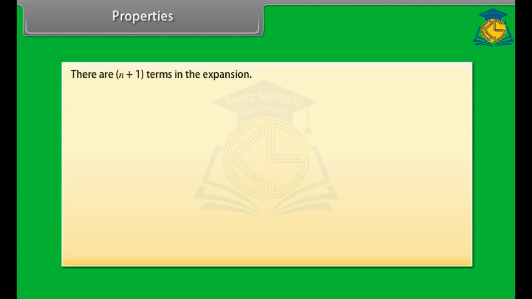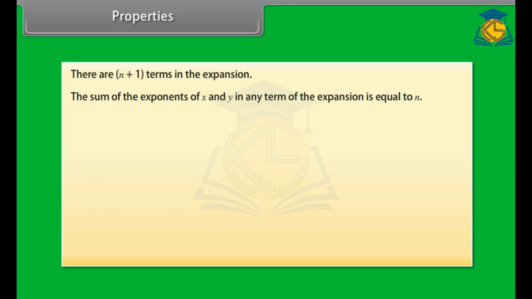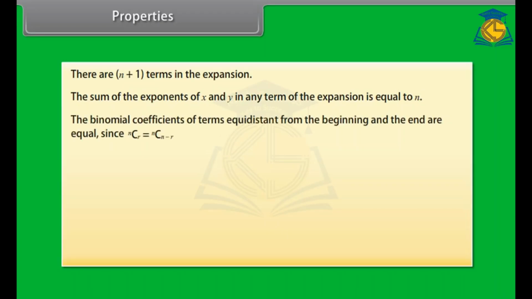There are n+1 terms in the expansion. The sum of the exponents of x and y in any term of the expansion is equal to n. The binomial coefficients of terms equidistant from the beginning and the end are equal, since nCr is equal to nC(n−r).